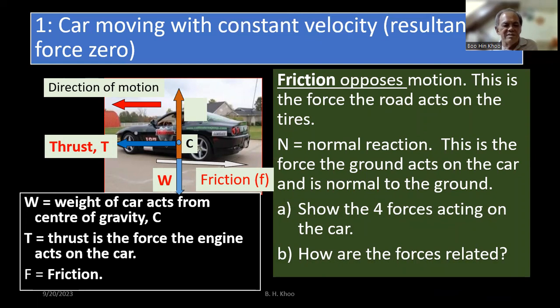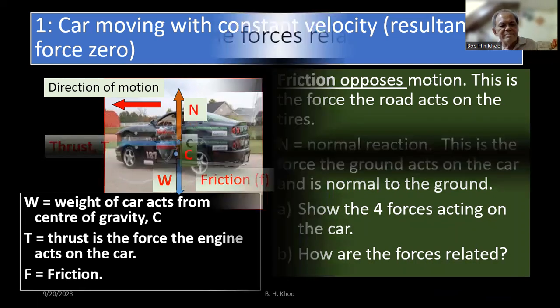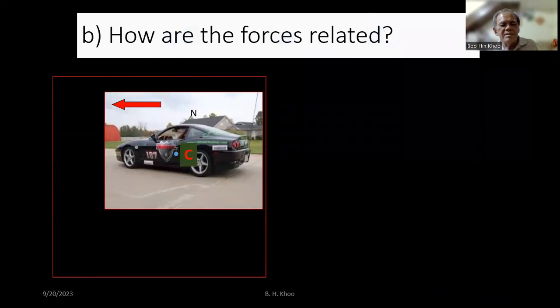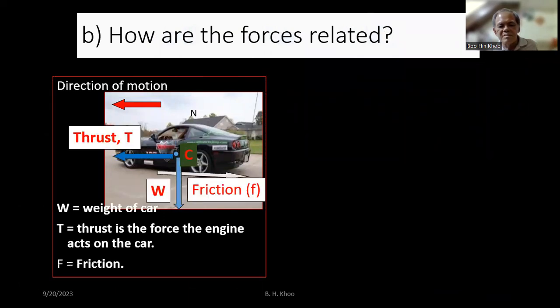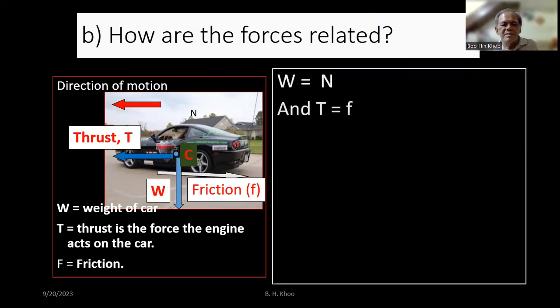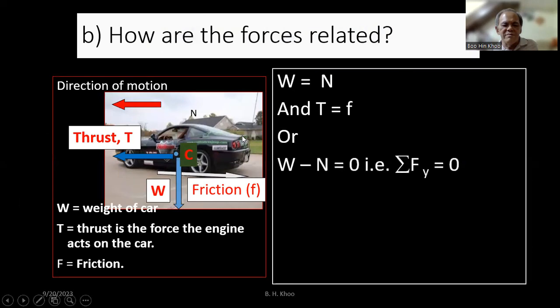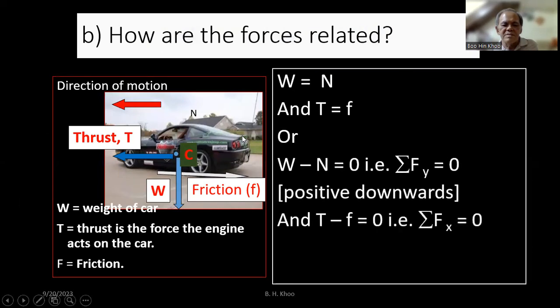How are the forces related? W equals N, T equals F. Or another way of writing it, take the N across, it becomes 0. Or there's a short form, sum of forces equals 0. That means you have to consider direction.